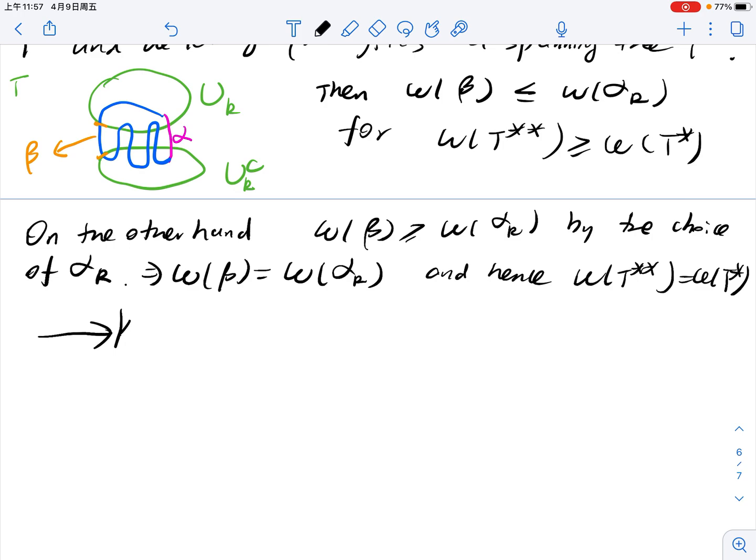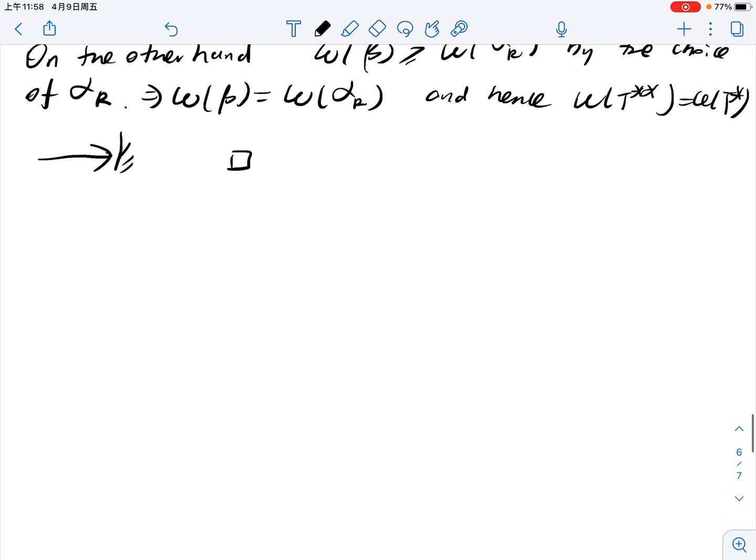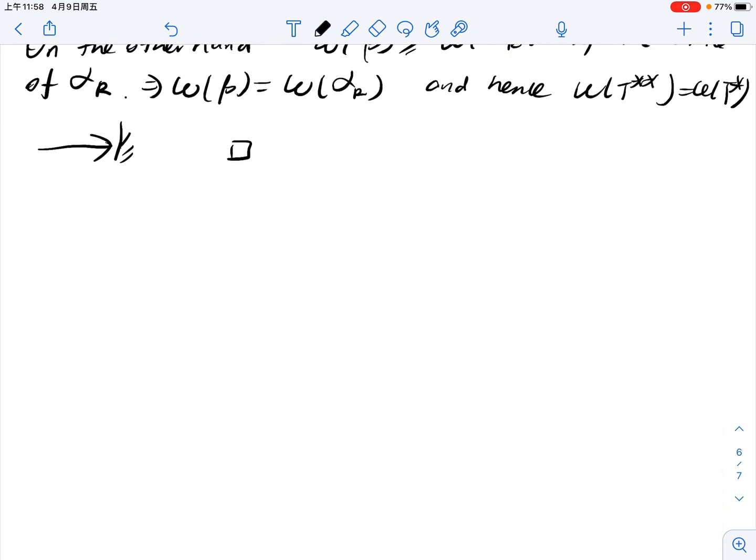Then we have a contradiction, because T star star is now a minimal weight spanning tree that shares strictly more edges with T than T star does. This contradicts our assumption that T star shares the largest number of edges with T among all the minimum weight spanning trees.